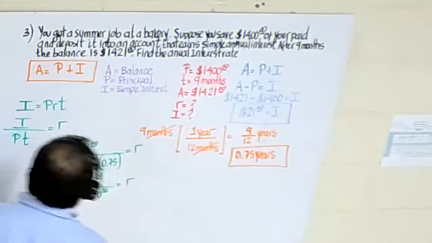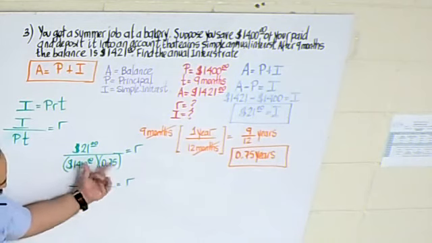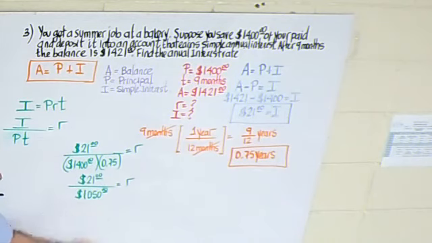And this is going to be the R value. Remember, we must multiply first, and after that, we must divide. We're going to divide 21 divided by 1,050. And the result will be 0.02.